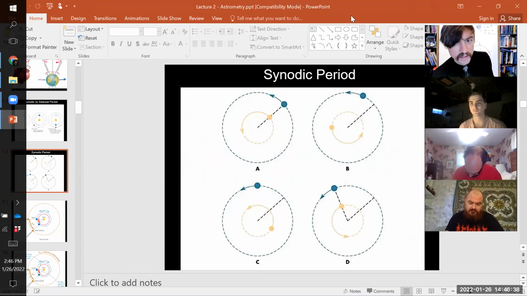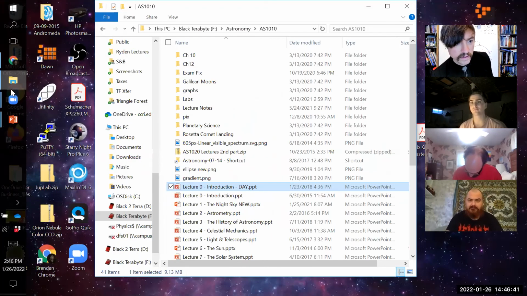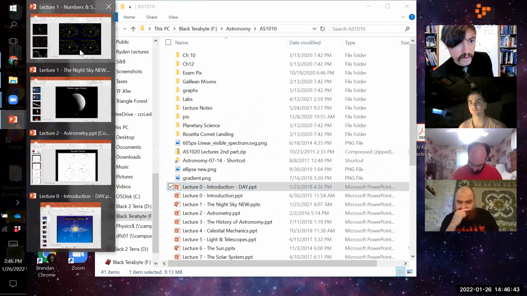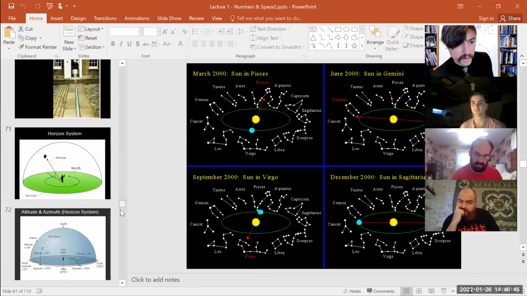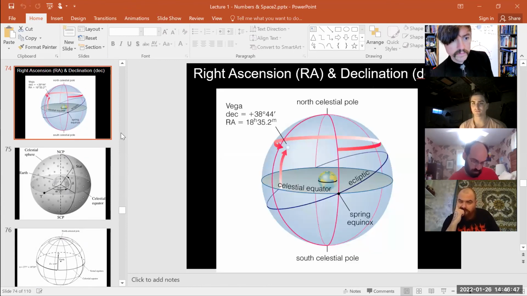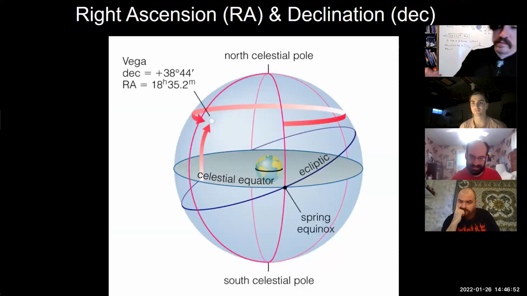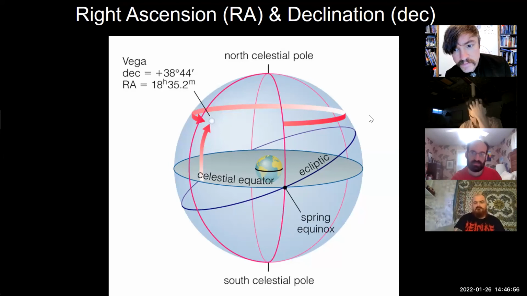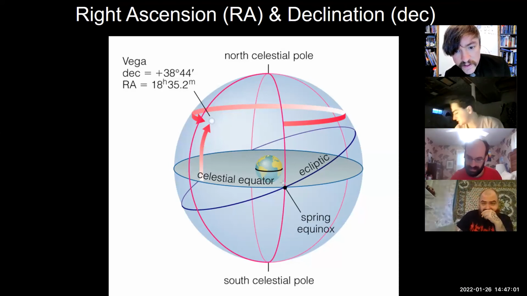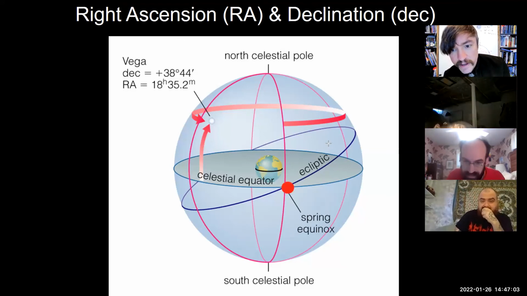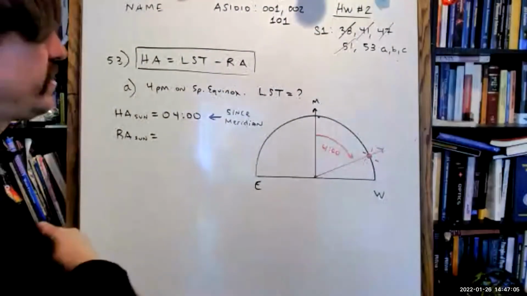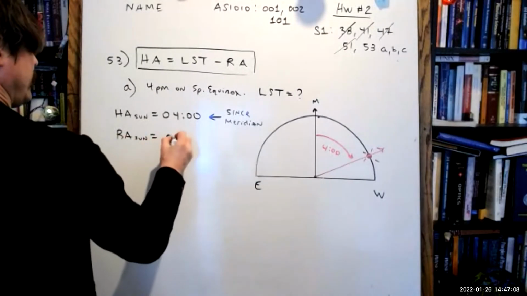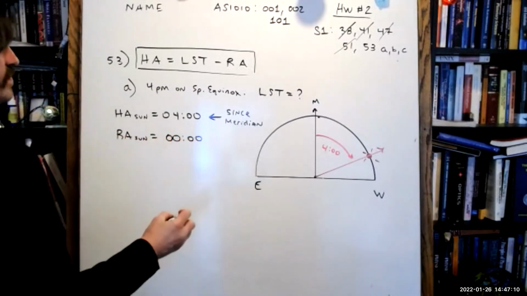How many hours east of the spring equinox is the sun on the spring equinox? 0. That's right. The sun and the spring equinox are in the same place. So the sun is like here. It's on the spring equinox, right? So the two ways to look at this is the right ascension of the sun is 0 hours on the spring equinox.